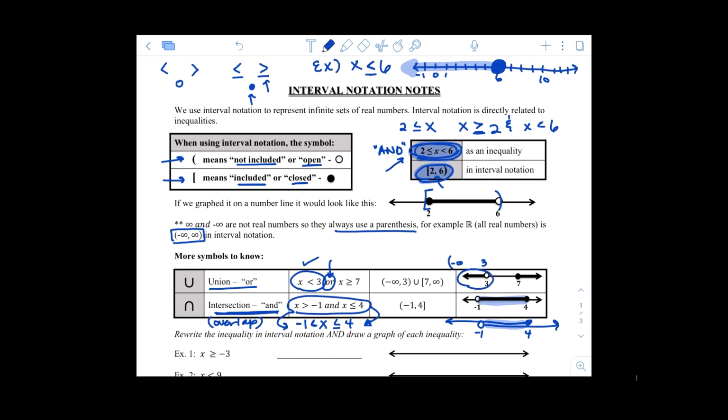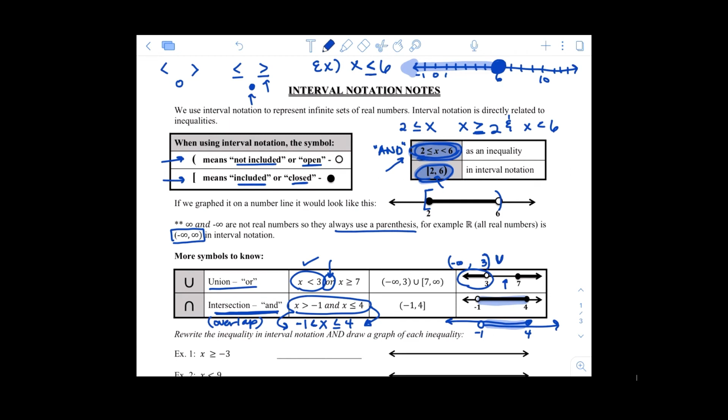Infinities always get a parentheses. Comma indicates just the span of space, all the x's where all x's would fall. And then 3 has an open circle, so it would get a parentheses. When you skip over a portion of graph, you do your union to signify a break, but that there's still more graph to talk about.